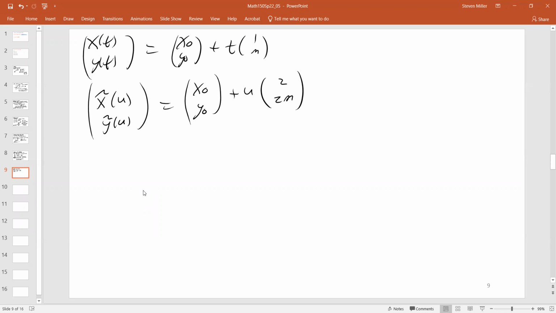What do you think? So if I have a point on the first, if there's a value of t, is there a corresponding value of u? And conversely, if I have something on the second, is there a t that corresponds to that u? So what do you think? Okay, so what would be the relation between t and u?